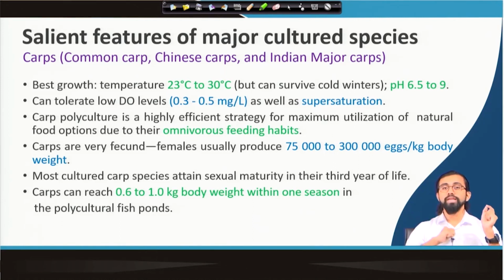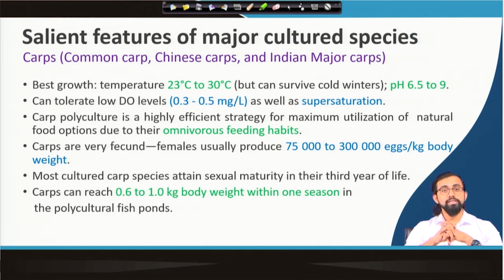If the dissolved oxygen concentration is more than 9.1 milligram per liter at a particular moment, we call it the supersaturation level. It happens because of certain natural activities and anthropogenic activities as well. I'm not discussing all those things. Anyway, the carps can sustain this whole range.